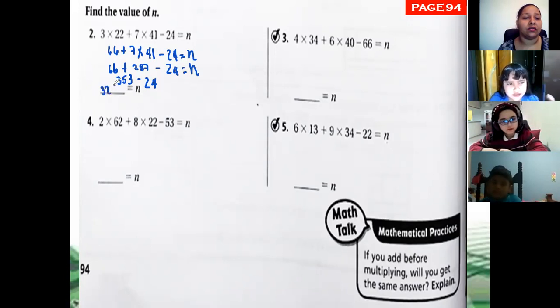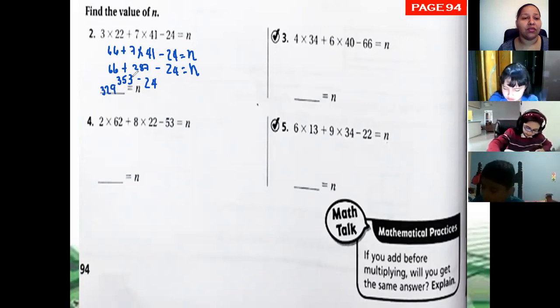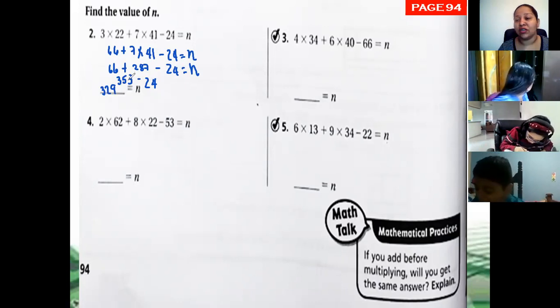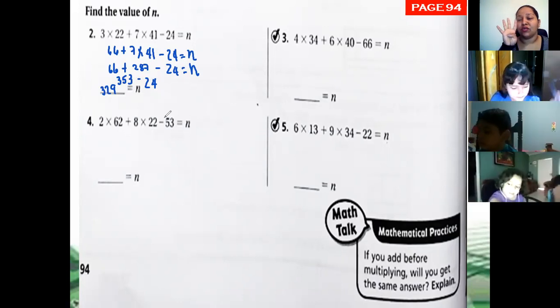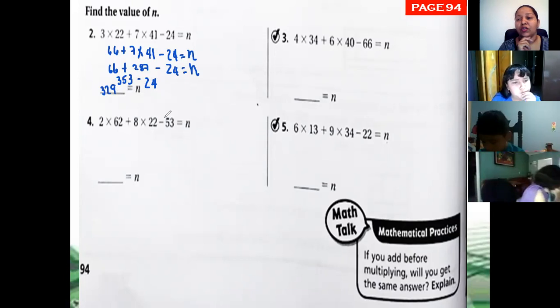Why, Miss? Because if you subtract, remember that you are going to lend one digit to 3 because you cannot subtract 4. And 13 minus 4 is 9. And that 5 became 4. You subtract 2 from 4, you're going to have 2. And you don't have a number to subtract with 3, you just write it down.